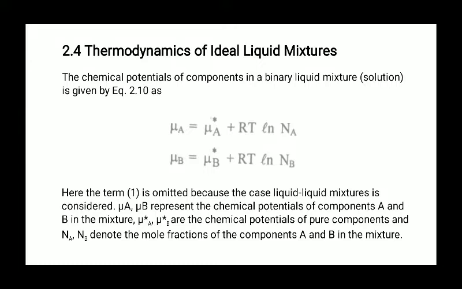Here the term is omitted because a liquid-liquid mixture is considered. Mu A and mu B represent the chemical potential of A and B in the mixture. Mu A star and mu B star are the chemical potential of the pure components. Na and Nb denote the mole fraction of components A and B in the mixture.